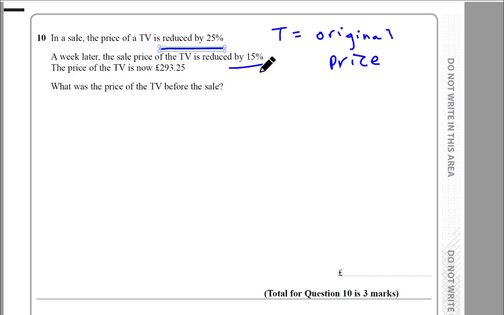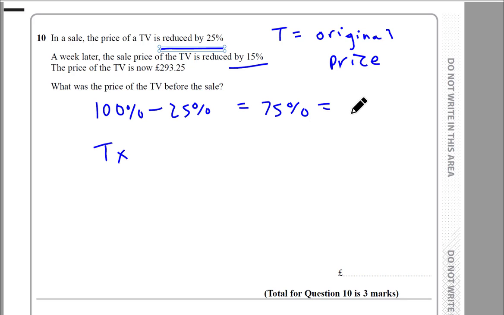So it's a double reverse percentage. If the original price was 100%, it's been reduced by 25%, so that's 75% of the price. So T, and as a decimal, that's 0.75. So T times 0.75 was what it was first reduced by.